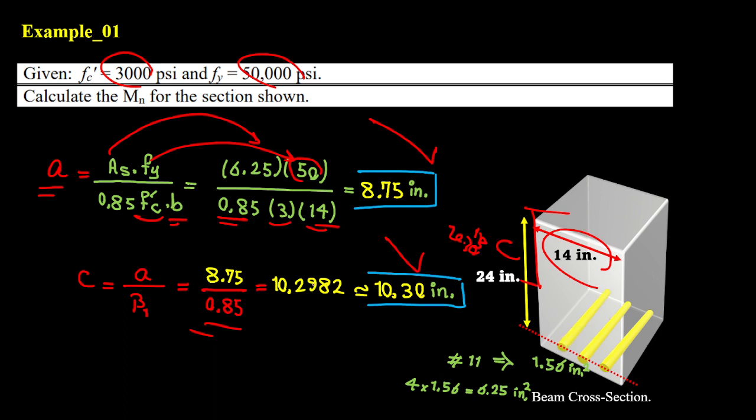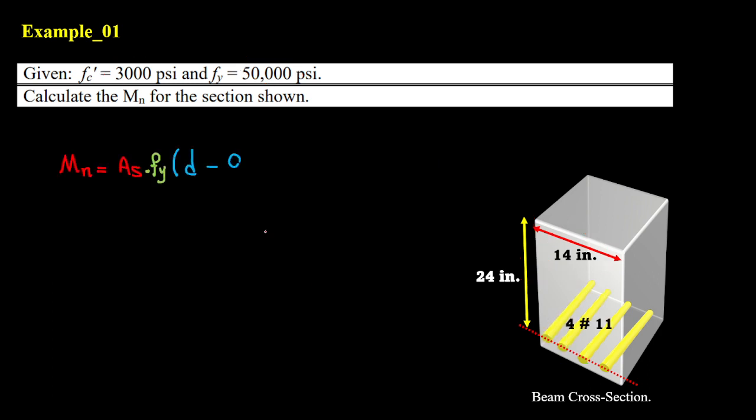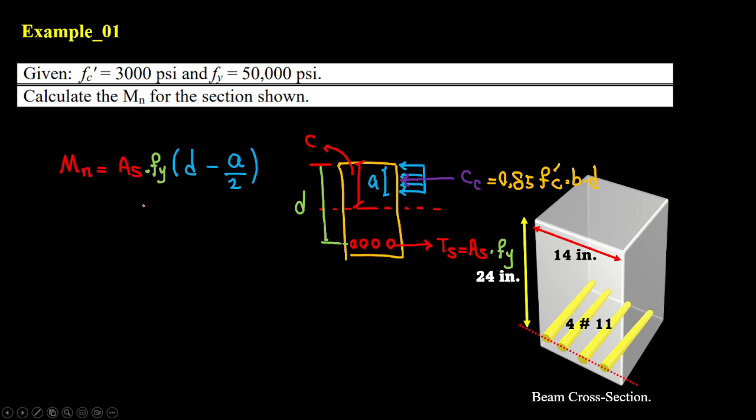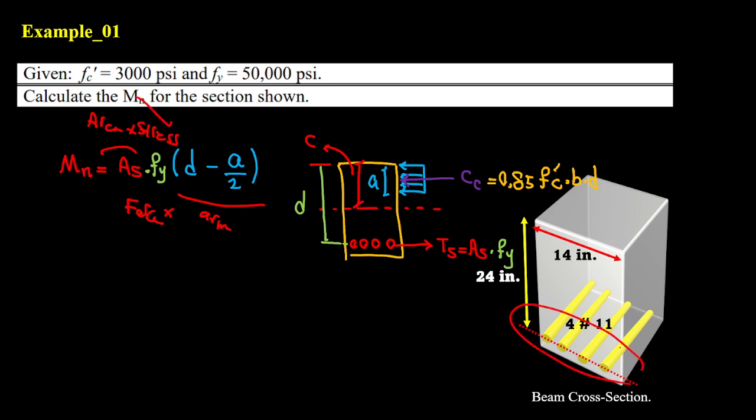As soon as we have a, we can easily calculate the moment as an arm times a force. Force is area times stress. So we have our stress, fy, and we have our area of steel.